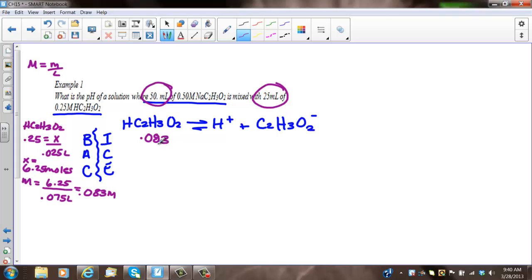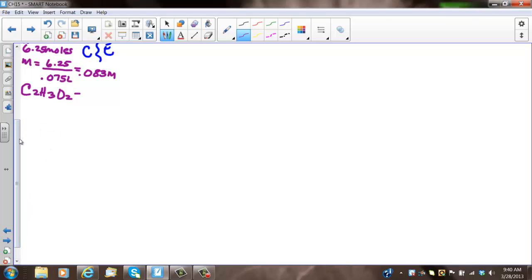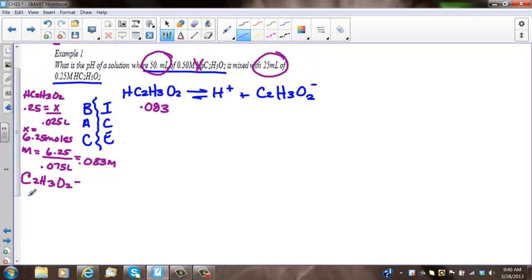So that's what I'm starting with here, 0.083 molar. Now to that solution, I'm also adding the acetate ion. I'm not interested in the Na, but I am interested in the acetate ion because that's my common ion. So I've got 50 mils of 0.5 molar. So this is 0.5 equals X over 0.05.